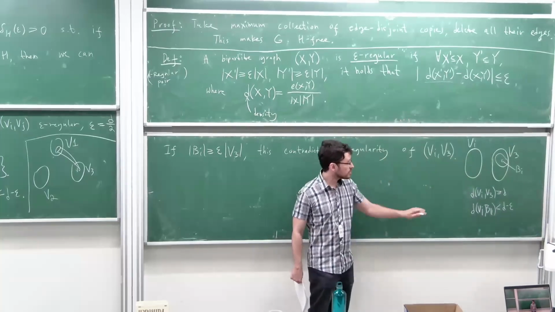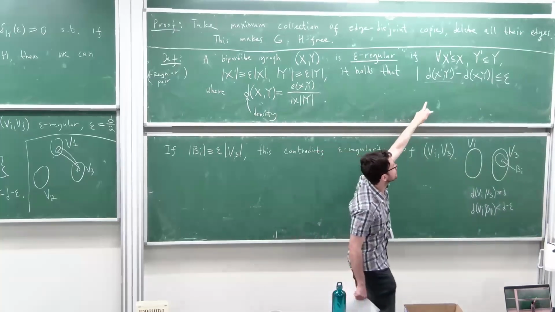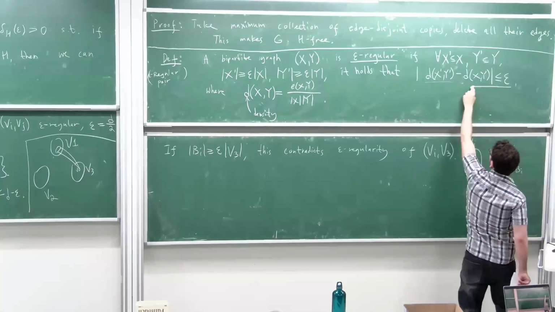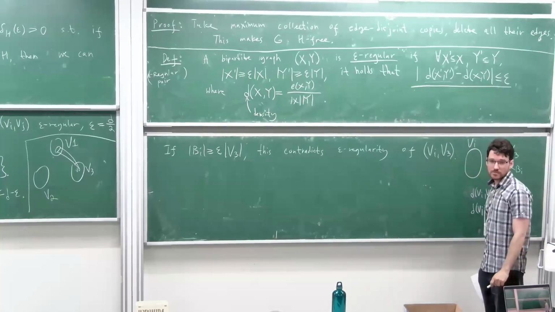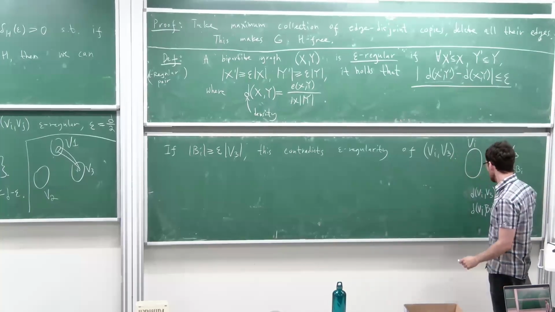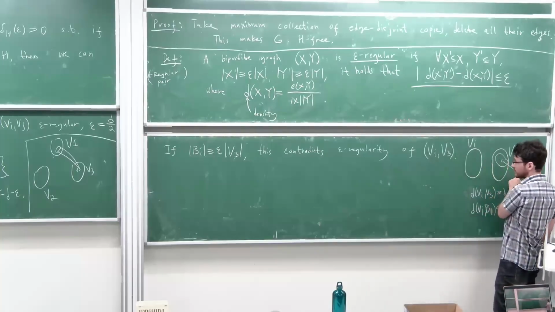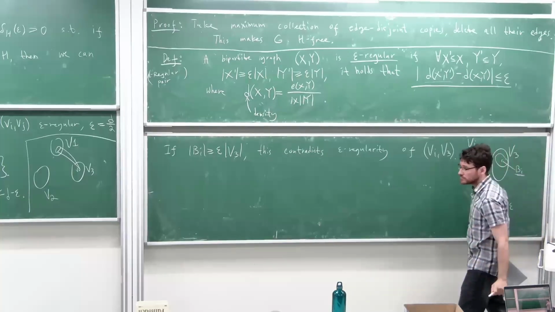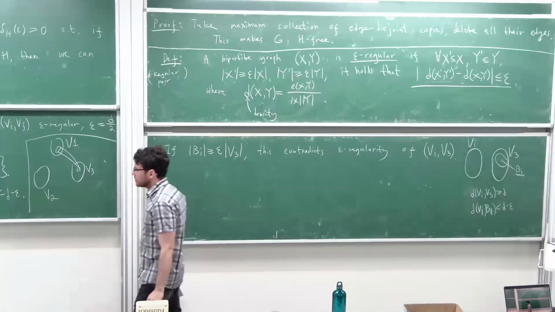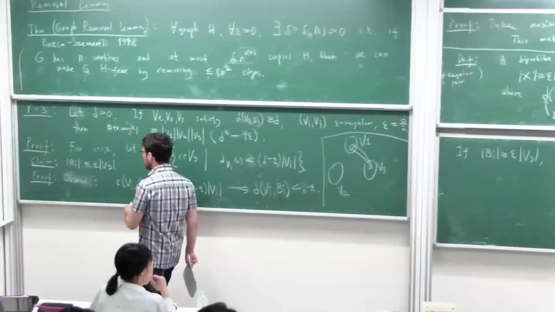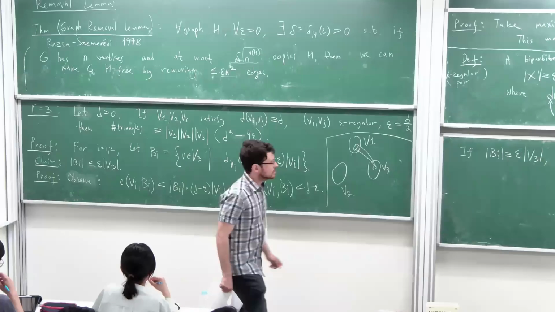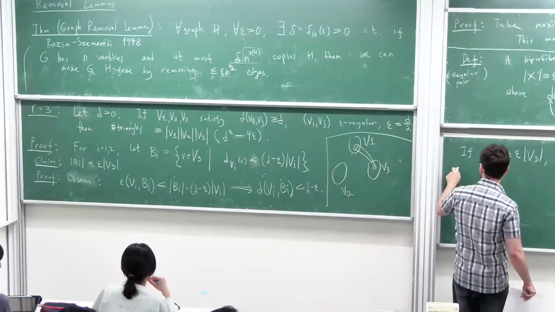This contradicts the definition of epsilon regularity, where the difference must be at most epsilon. So this is only possible if this set is very small.